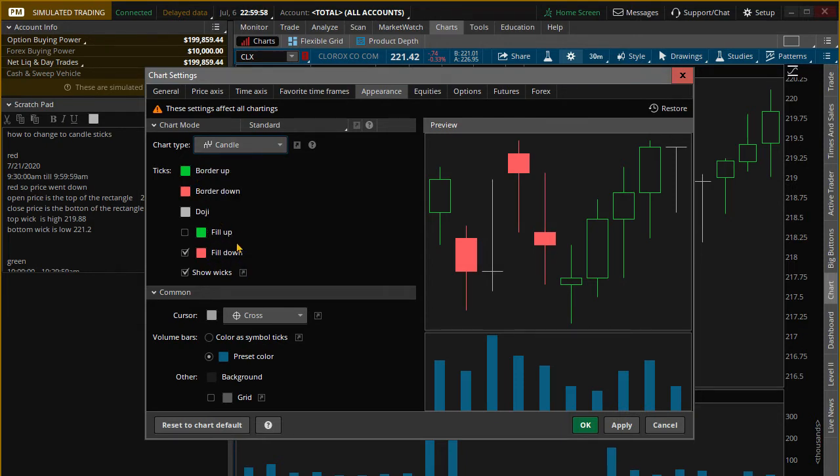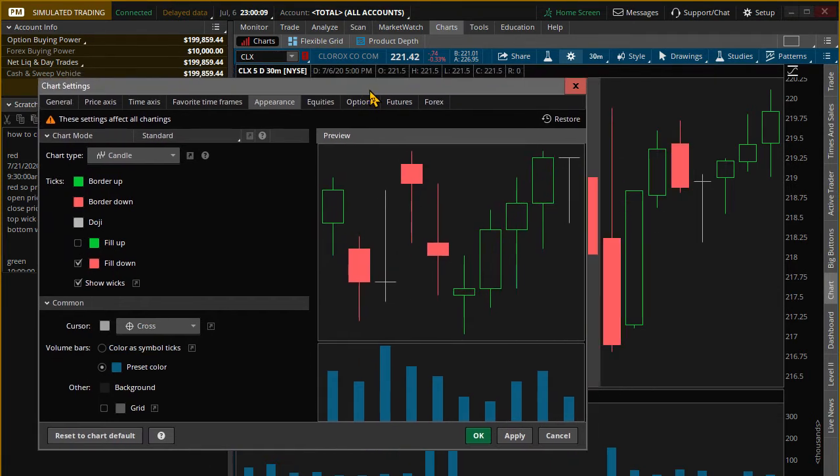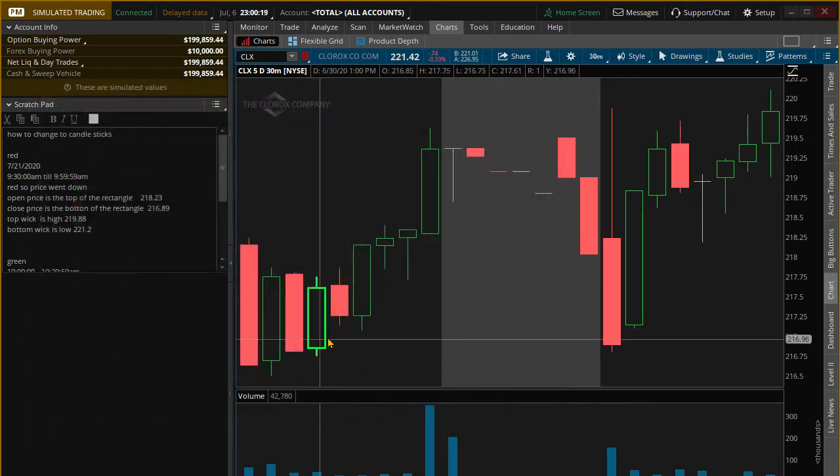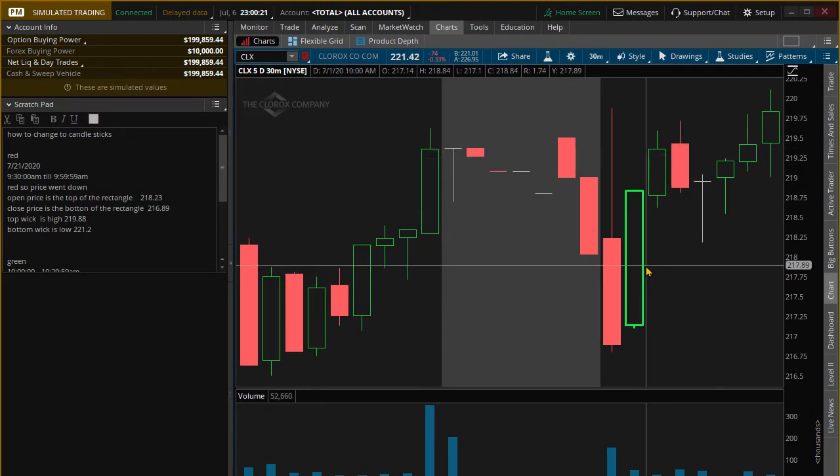Right now I have these green rectangles open. If you click this, it changes them to filled, but this is the default. If your candlesticks don't look like mine exactly, just make sure that you have the same settings as what this is right here. After this, just click apply, and then you should have some candlesticks like this.